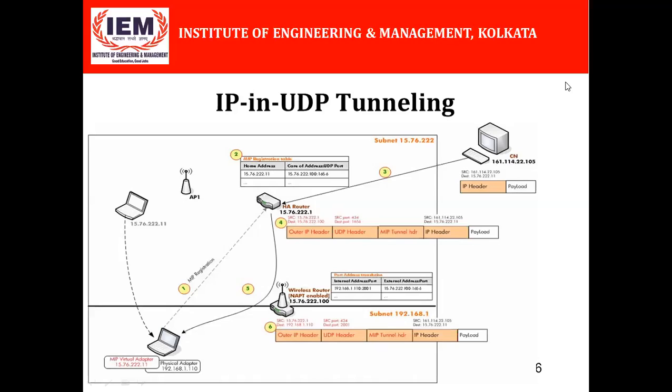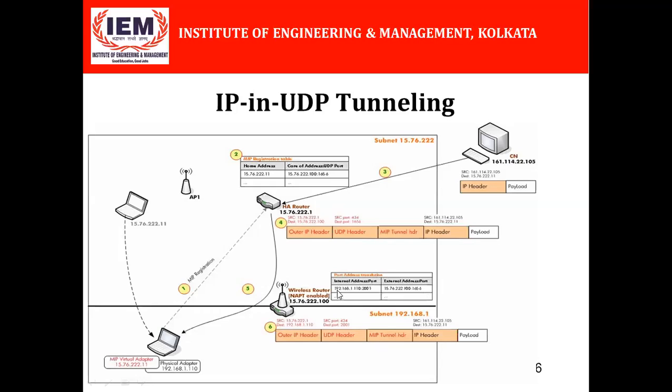But instead of a foreign agent, here we have a wireless router which is NAPT enabled, and the address of that network address translator is simply 15.76.222.100. So what happened? Everything is stored here in terms of port address also. Not only the IP address, but also the port address is written here.